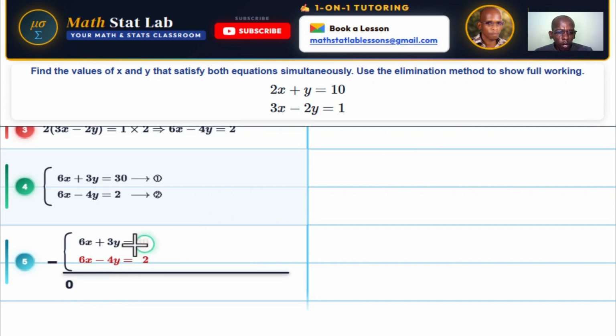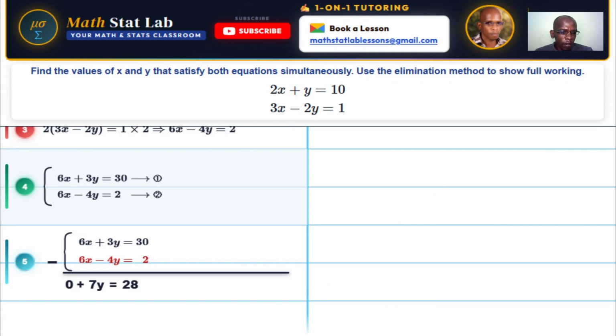Then the second one will be 3y minus negative 4y. Now it becomes positive 7y because negative multiplied by negative is positive. So now it will be 3y plus 4y, which is positive 7y. Then is equals to 30 minus 2, which is 28.